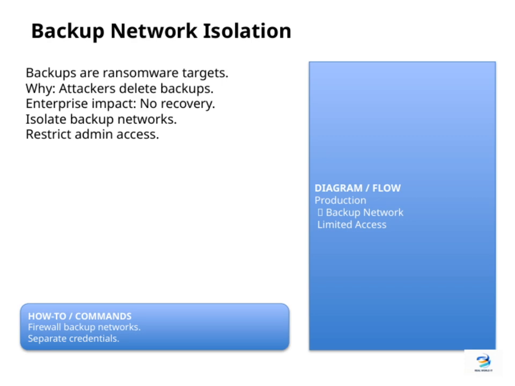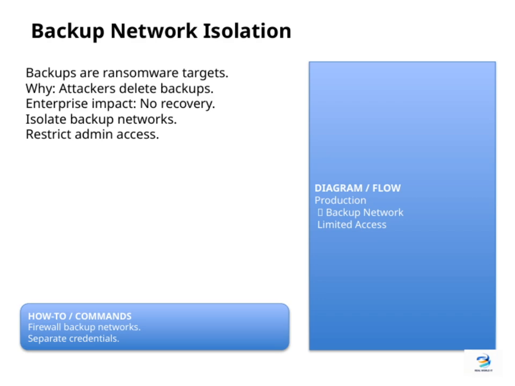It's also vital to remember that backups are a common attack target, so isolating these networks helps protect them from malicious activities. If attackers manage to delete or corrupt backups, the enterprise could face severe consequences, including the inability to recover critical data.